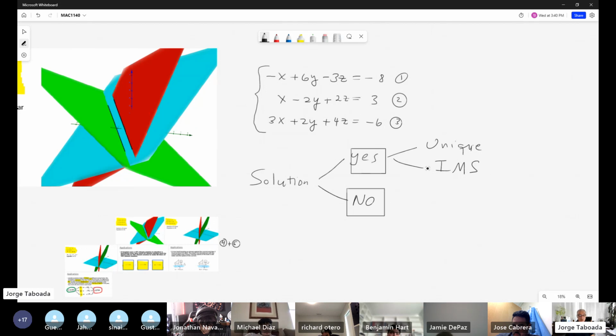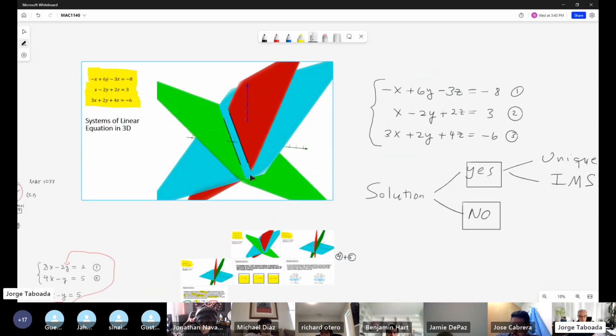What is the path that you consider correct? Solution, yes or no? Totally lost? You don't understand very well this? You see the figure very well?